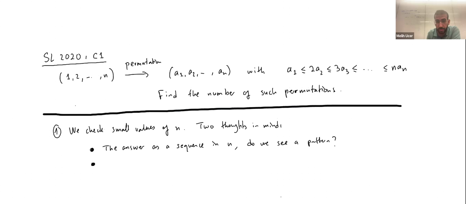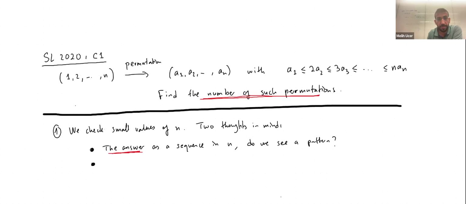The answer is the number of permutations, right? This is what I mean, because the question asks about the number of permutations.